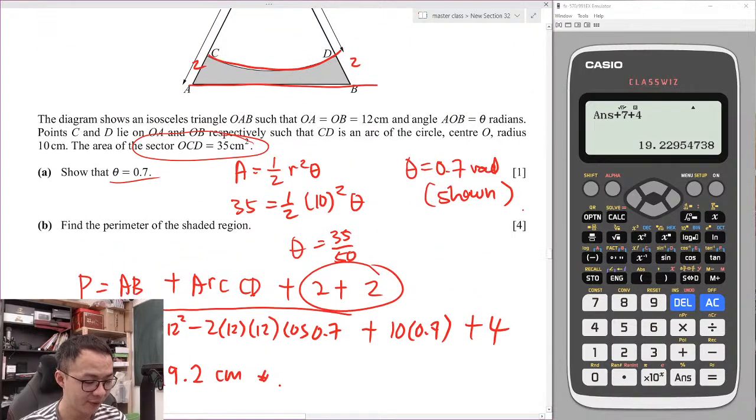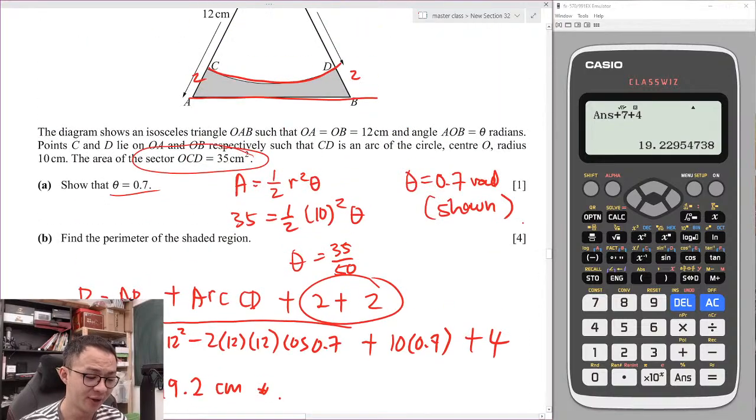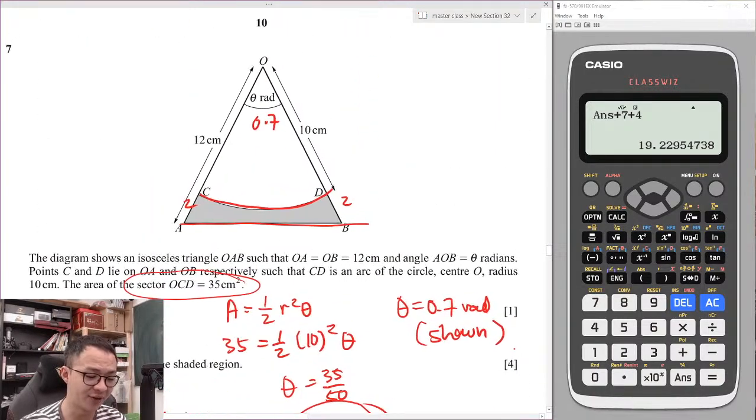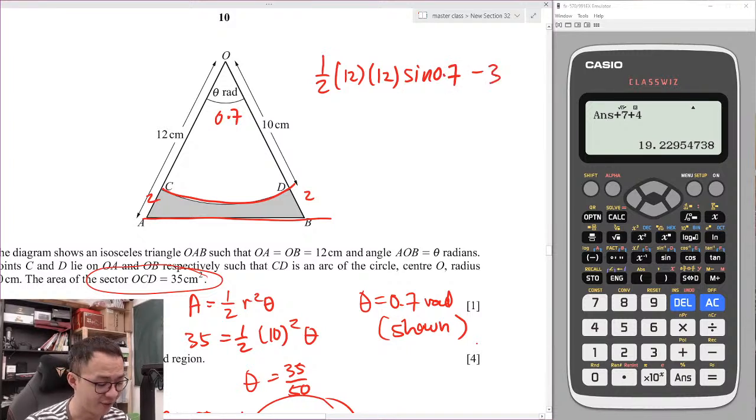Then the next thing is they ask you to find the area of the shaded region. To find it, you basically use the triangle minus the sector. The triangle is half AB sine C, and the area of the sector is given as 35.